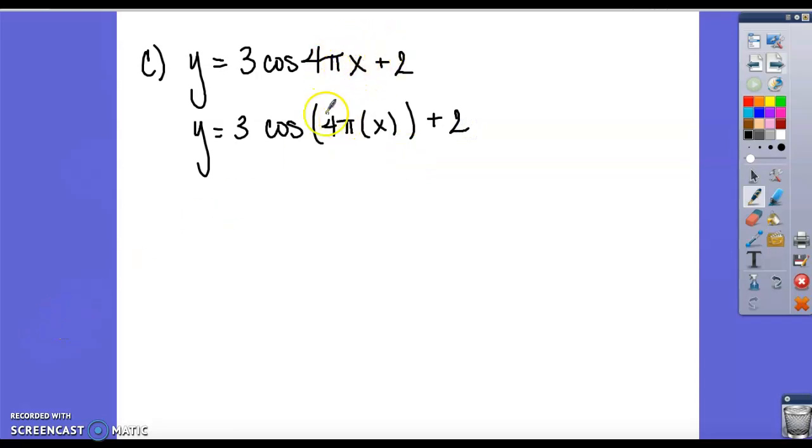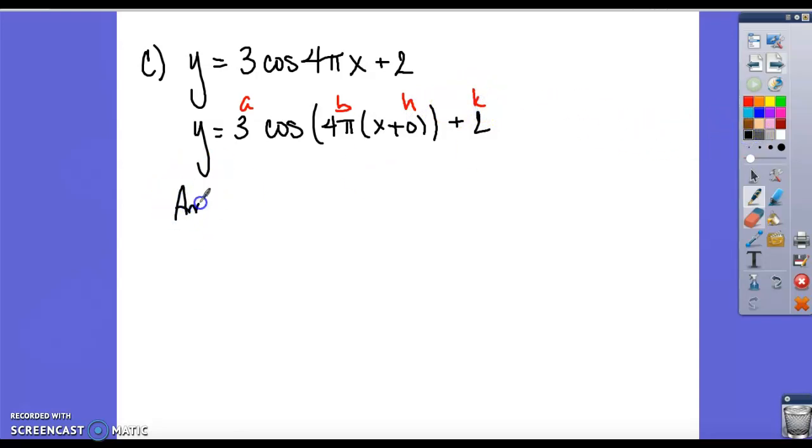It's just 4 pi, so I'm going to factor 4 pi out of there. This is the same thing, and I'm just writing this. You don't have to write it this way. I just want you to see what's going on here. This is the same thing as x plus 0, and the reason that matters is that this is A, this is B. That means that h is 0 and k is positive 2.